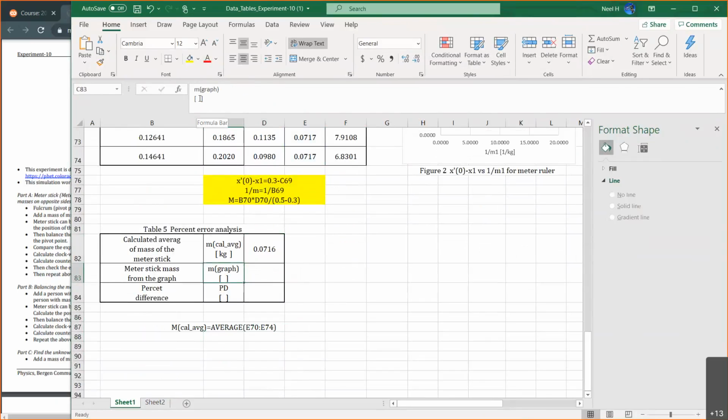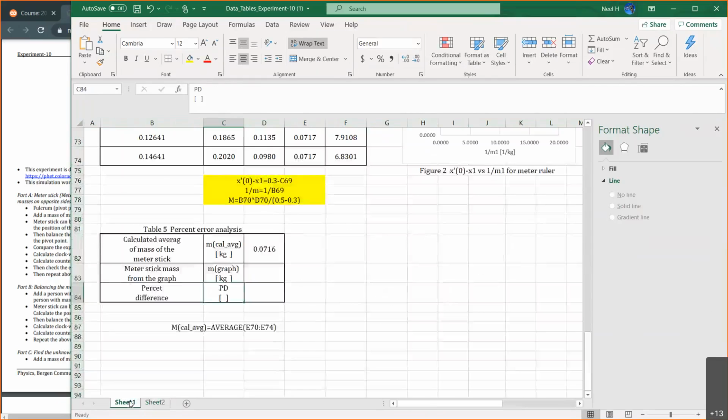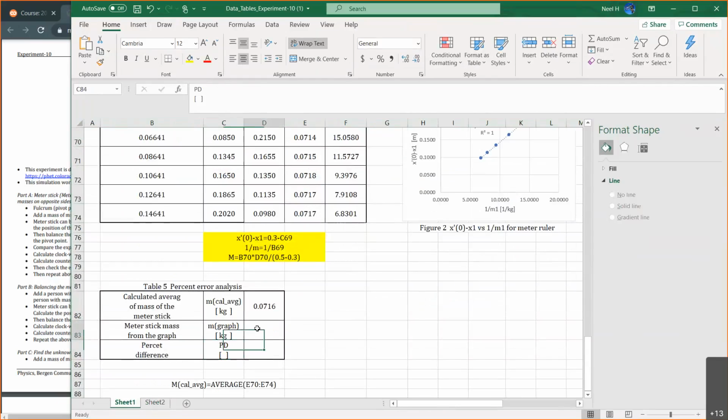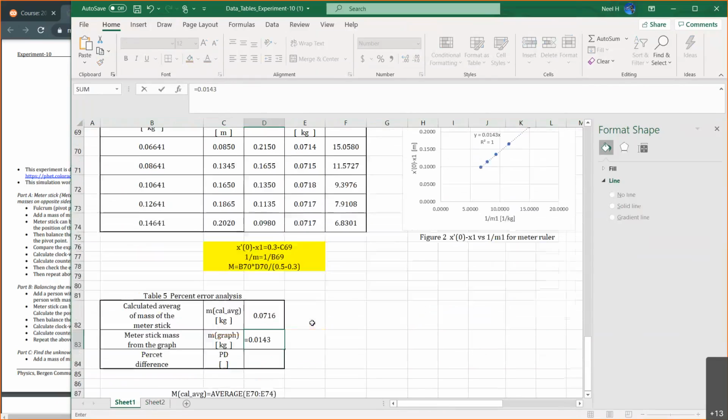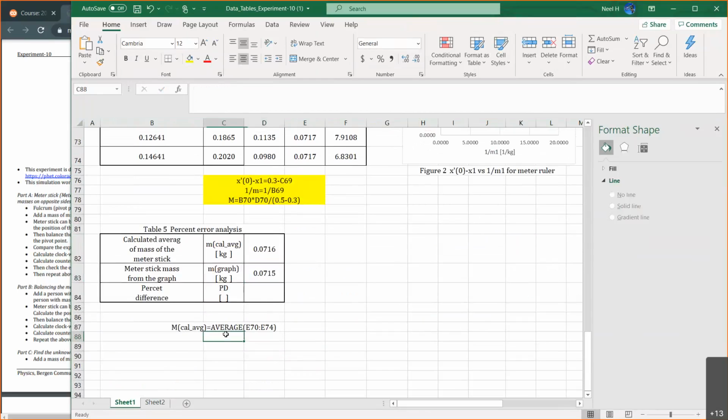I can find the mass of the meter ruler by the slope of the graph. You know, earlier from the equation, slope of the graph divided by 0.2, right? So let's check that. Slope of the graph is about 0.0143, equals the slope of the graph, 0.0143 divided by 0.2. So we're getting about the same number, only the third decimal place is different because the data set is actually too good.